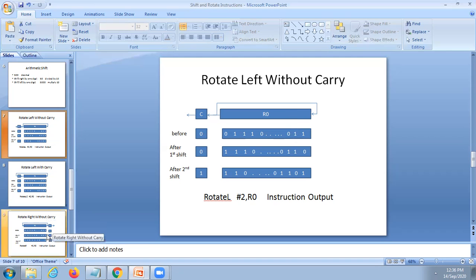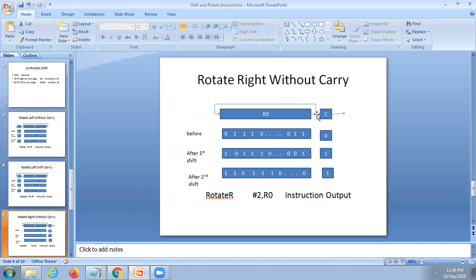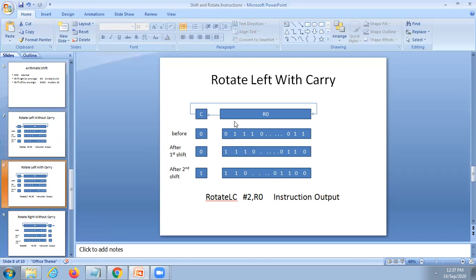This is without carry. With carry means it will be like a rotation, a circular rotation. So from R0 it goes to C, and from C again it goes back in.